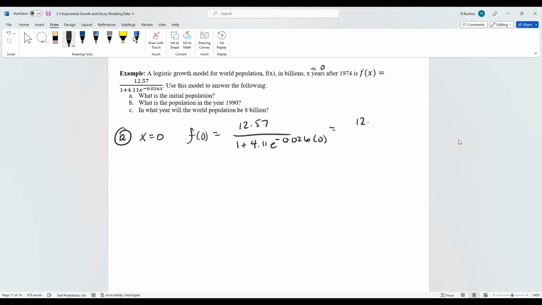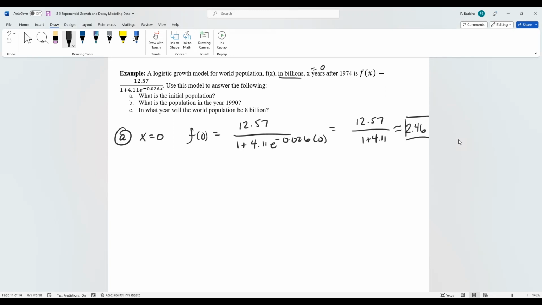So we just get 12.57 divided by 1 plus 4.11. And that is approximately 2.46. And keep in mind that's in billions, right?